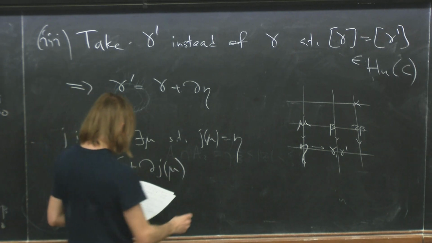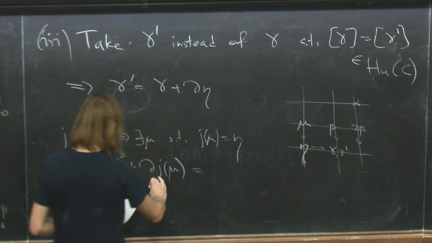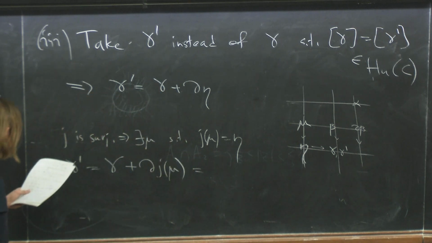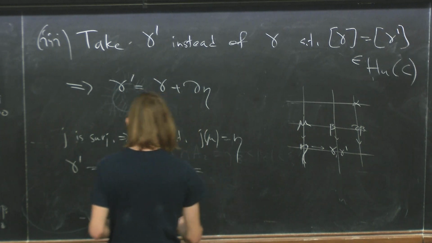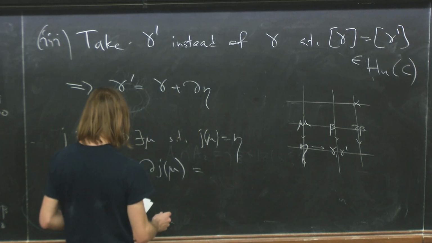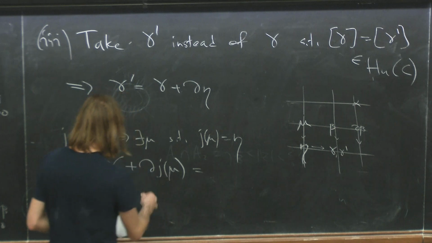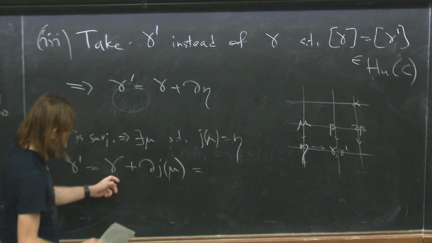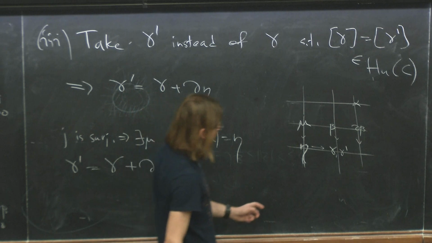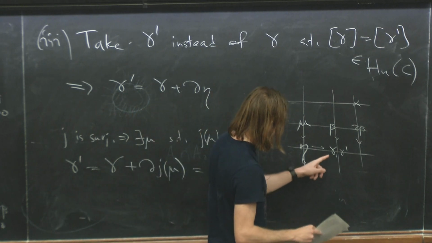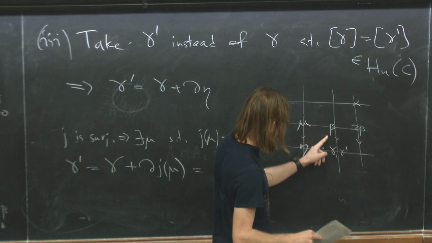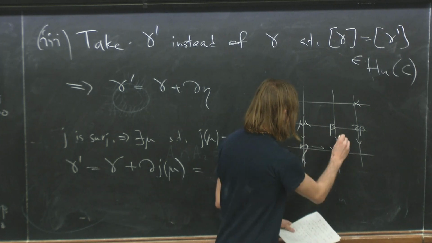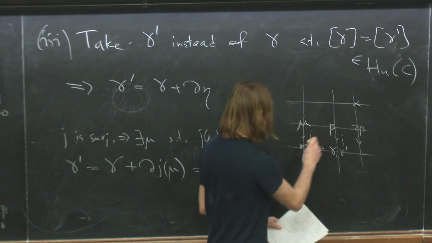And again, we can commute J and d by writing this, and we also can use the fact that for gamma we already have a preimage with respect to this map J, which is beta.